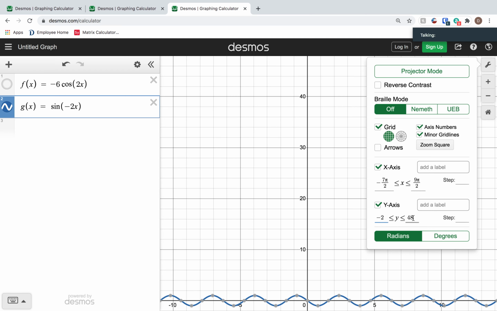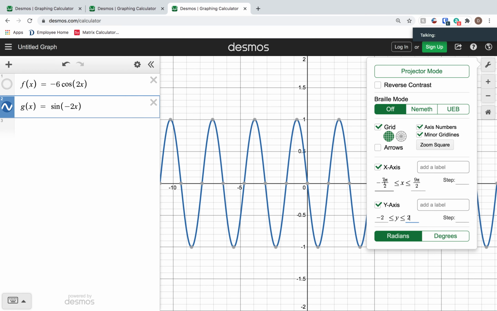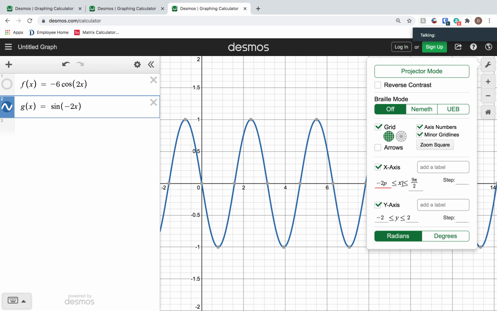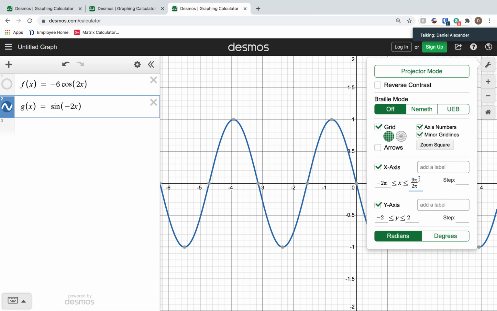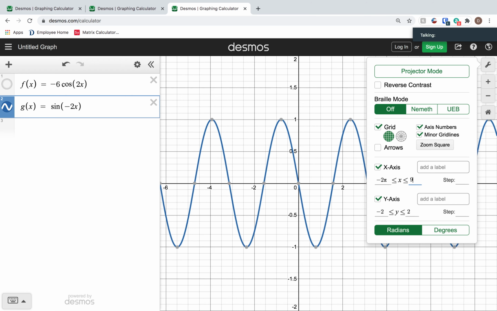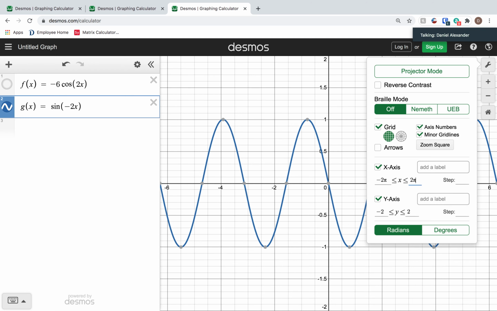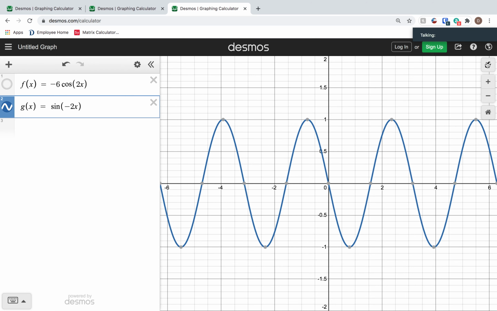I want to make the graph legible. So there's minus 2x, there's one cycle, minus pi over 4, 1, as we said, minus pi over 2, 0, minus 3/4 pi, minus 1, and that.